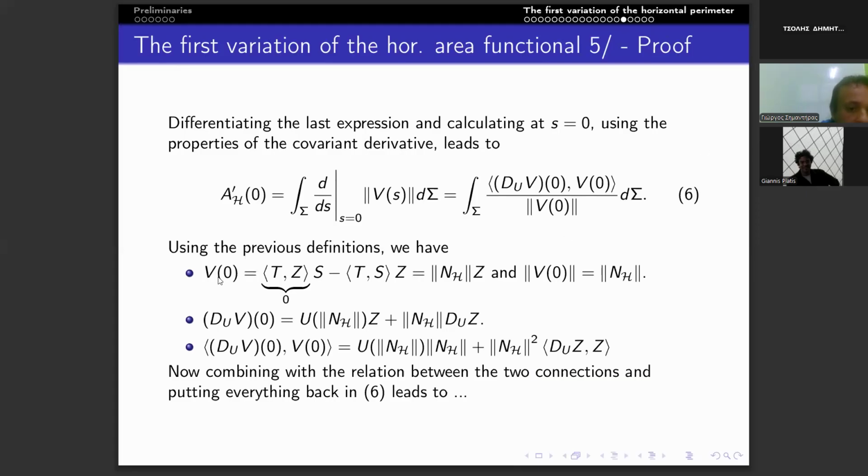We have that V for S equal to 0 practically is here this scalar of Z. And so the norm of V at 0 is practically the norm of H. Using the properties of the Levi-Civita connection, we can calculate the derivative of V at 0, and then we can calculate the inner product here inside the integral.